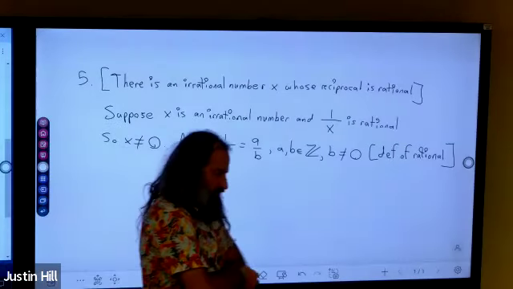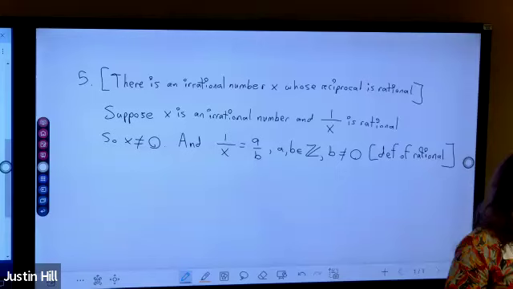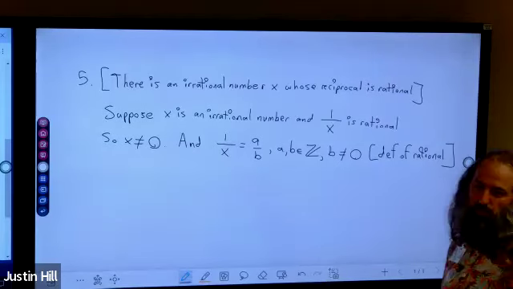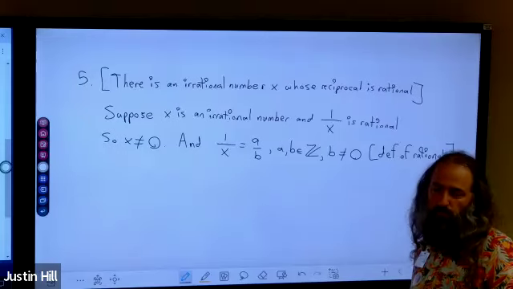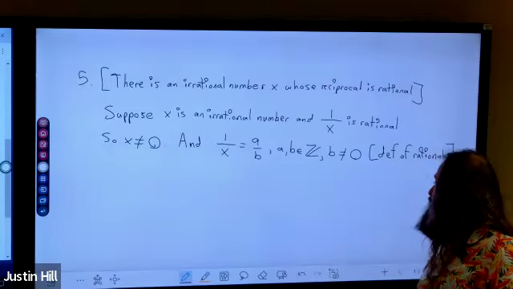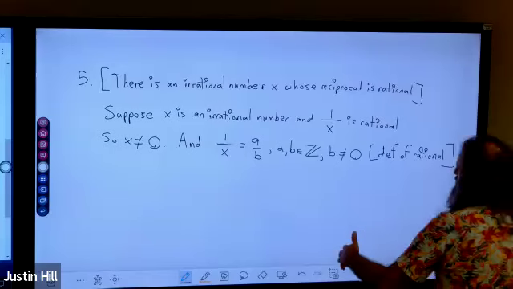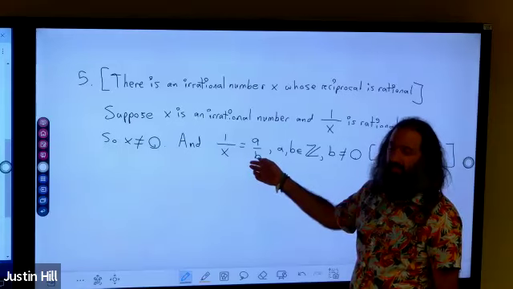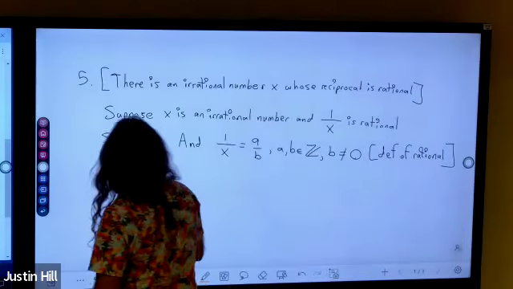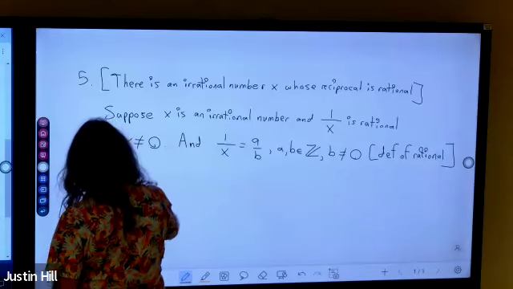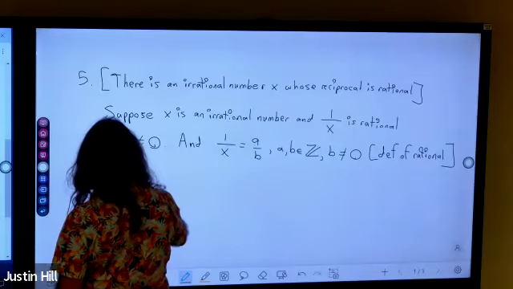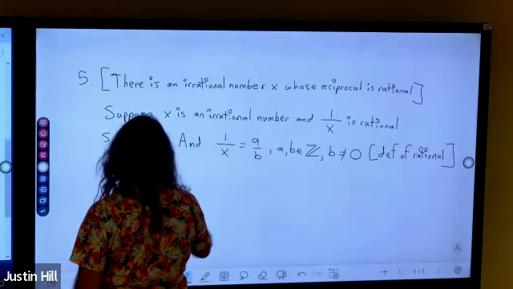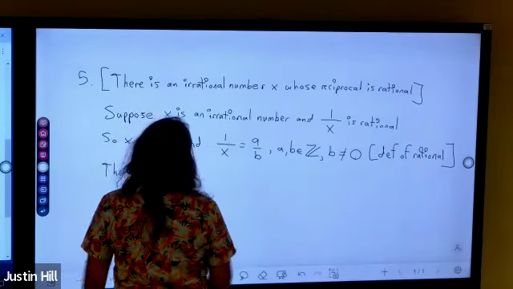So that's good. Now we have some details. The funky thing about a contradiction proof is you kind of have to meander yourself into a contradiction. The fact that 1 over x equals a over b means that I can do some algebra here and basically isolate x, get x by itself.